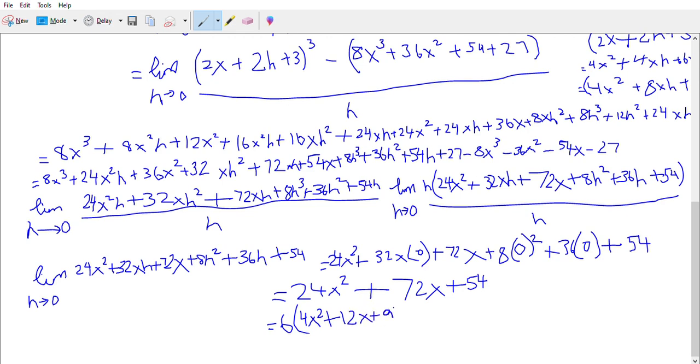And that basically does equal 6 times, apparently I erased the whole thing. So 6 times 2x plus 3 squared.